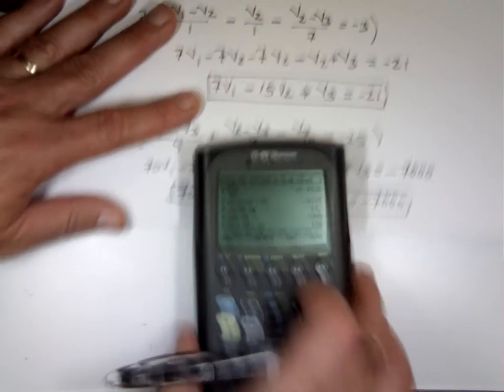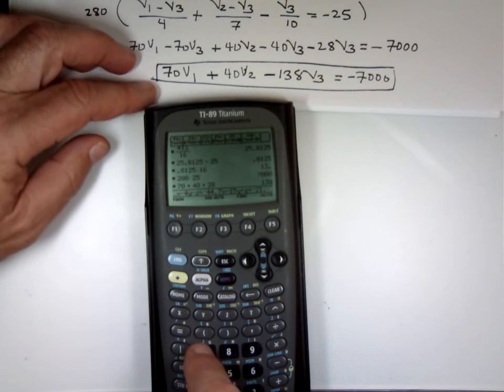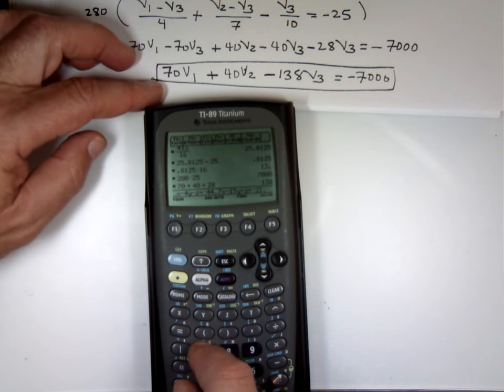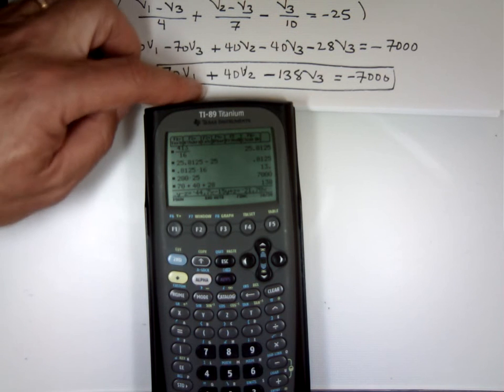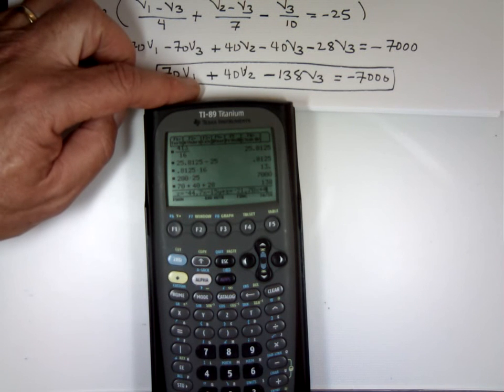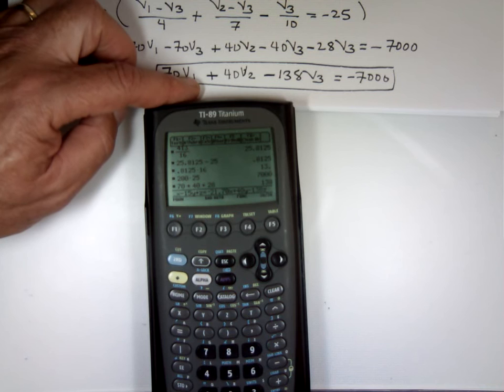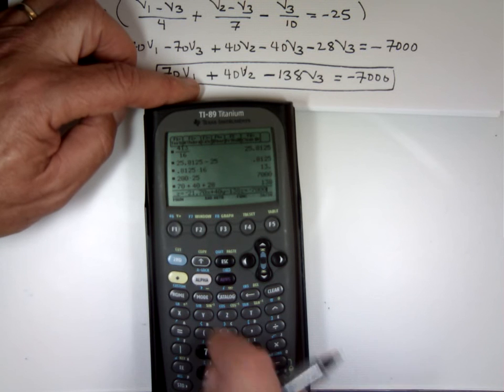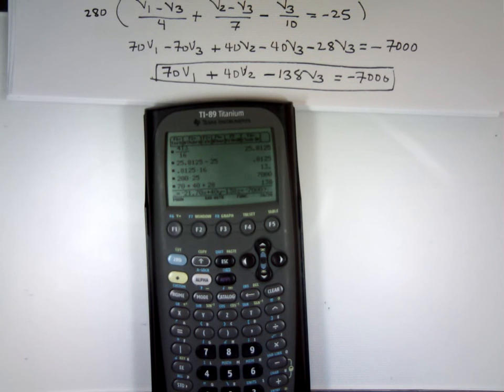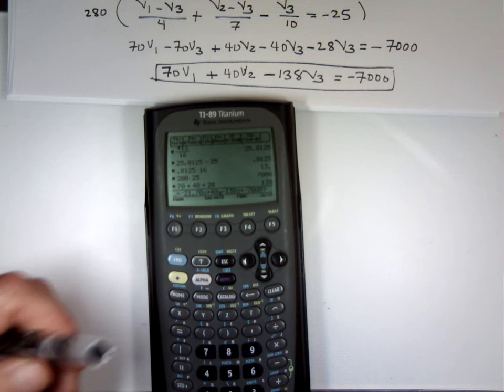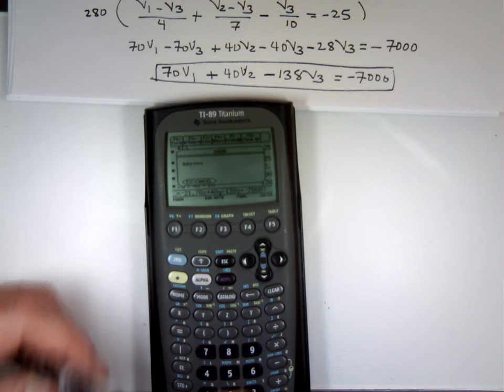I can do them using any technique, but I'm trying to take the easy way out. 70x plus 40y minus 138z equals negative 7,000 and close parentheses. Now, if this is how it works, when I hit enter, it should accept them. Let's see. No. Doesn't like them that way.